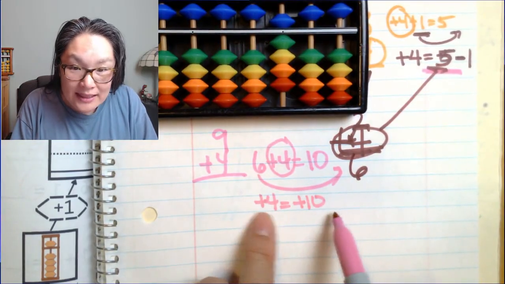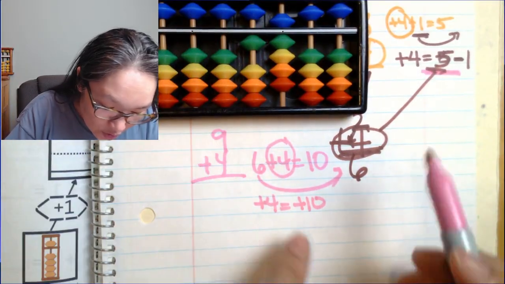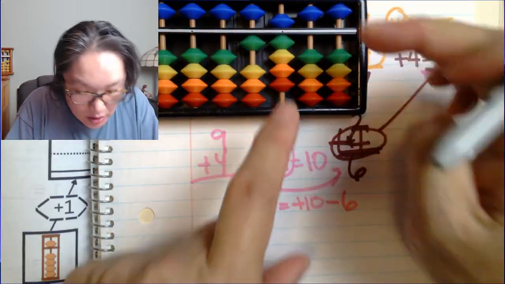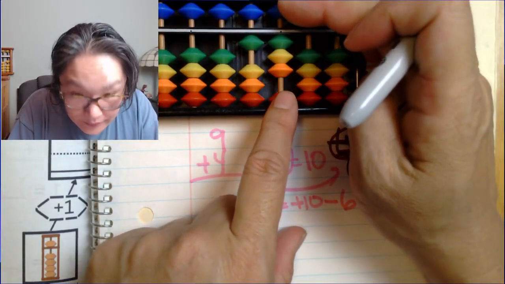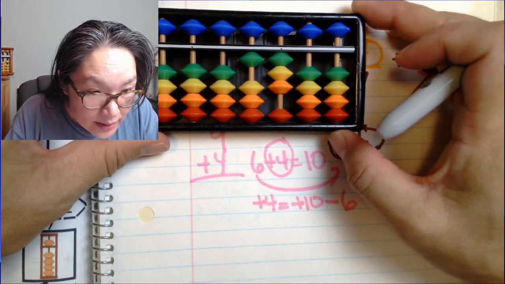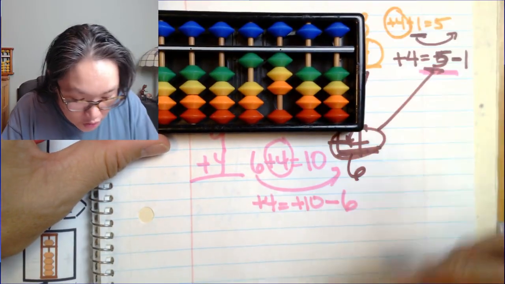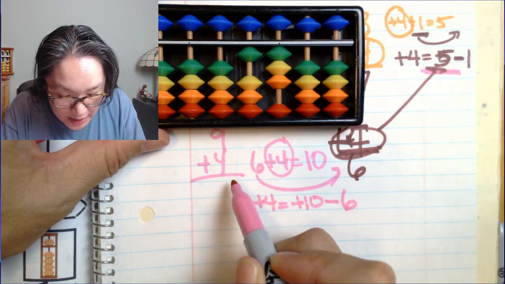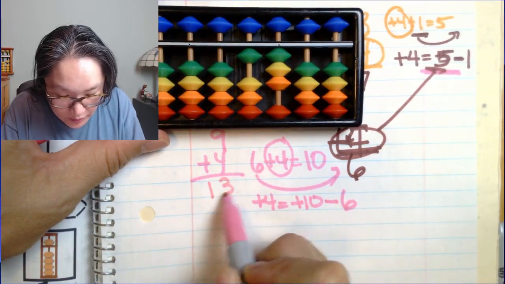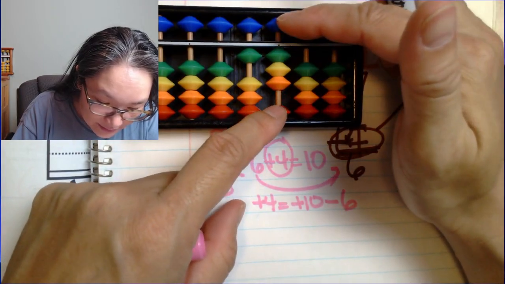But when we add the 10, which means this column next, that's too much. So we need to minus the 6. So I'm going to take away the 6. And now my answer is 13. You get 1 ten and 3 ones. Exactly. So the idea is to also see the number pattern.